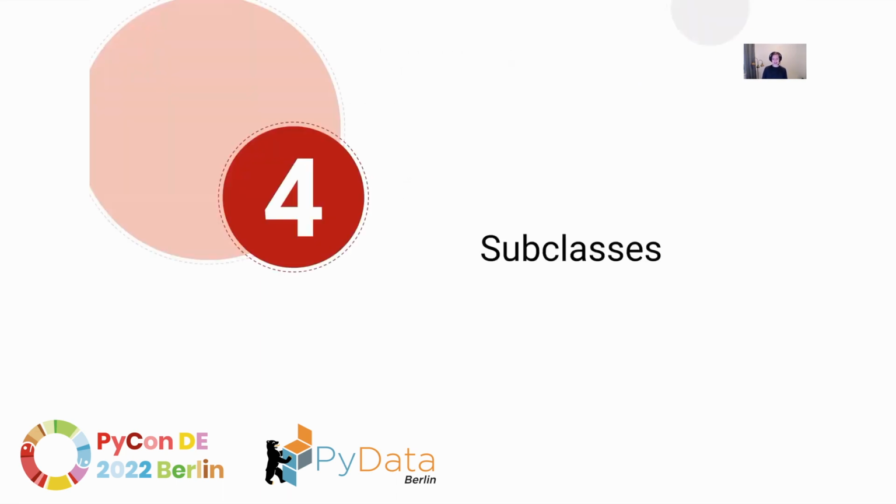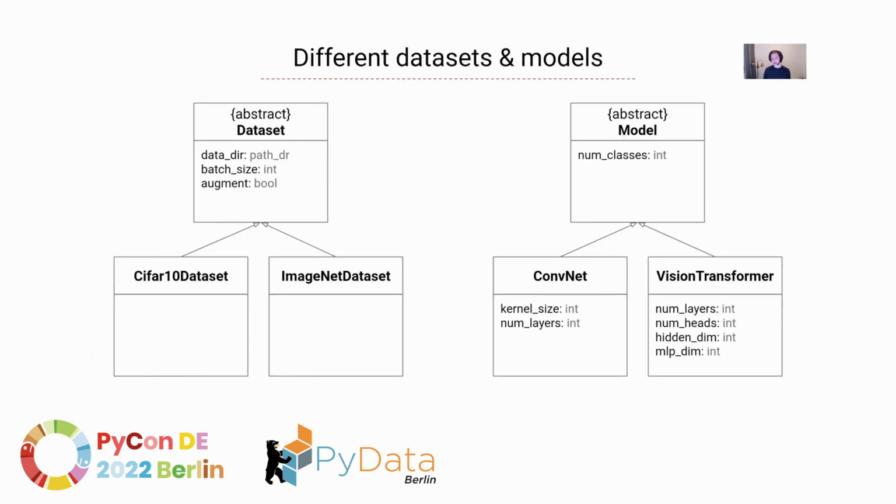Okay, next topic is subclasses. And this was for me really the feature to switch. Let's imagine in our image classification use case we're not satisfied anymore with just training a convolutional neural network on the CIFAR-10 dataset.